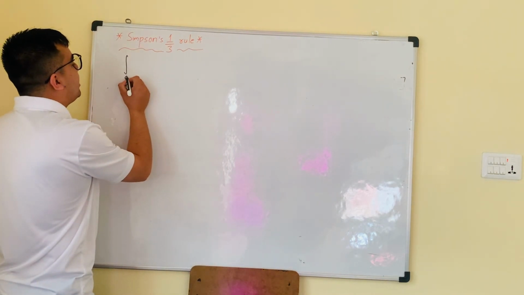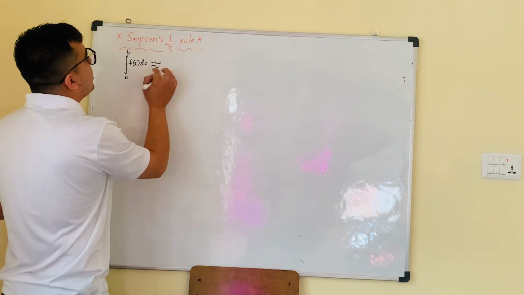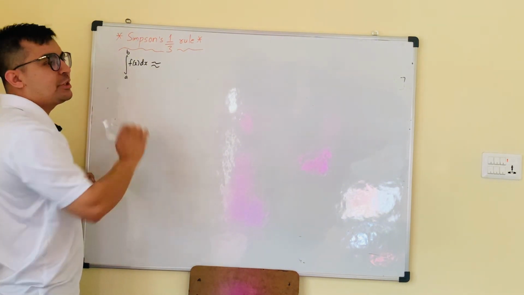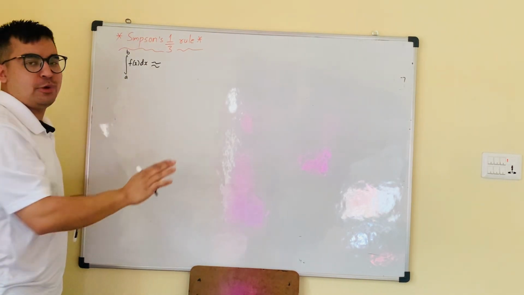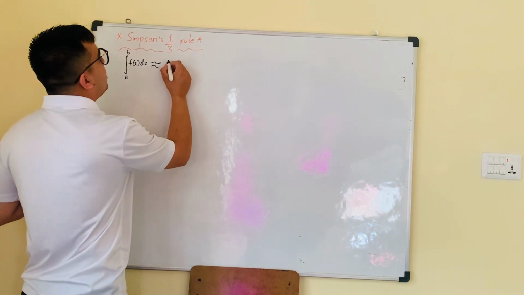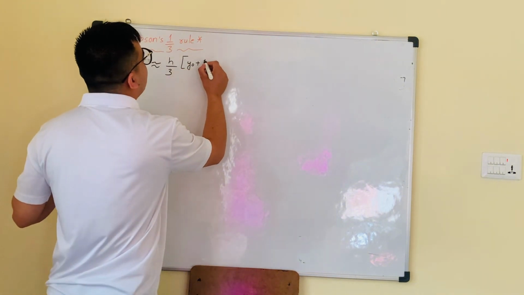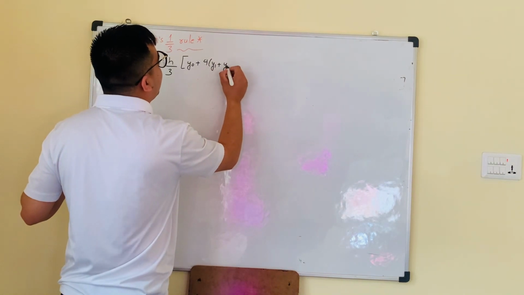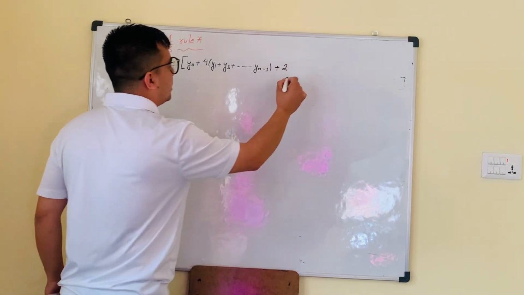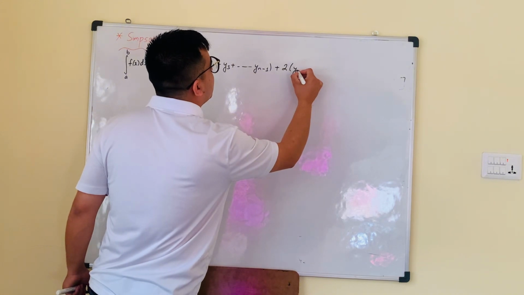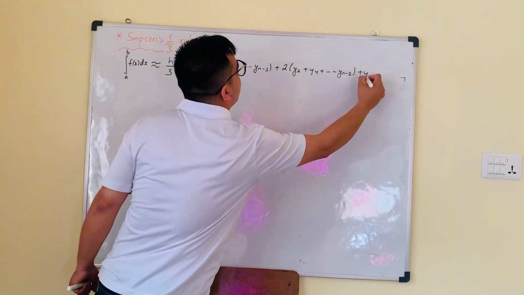So the formula for Simpson's 1 by 3 rule is like this: the integral of f(x) dx is approximately, not exactly equal, h by 3 into [y0 plus 4 times (y1 plus y3 plus ... plus y(n-1)) plus 2 times (y2 plus y4 plus ... plus y(n-2)) plus yn].